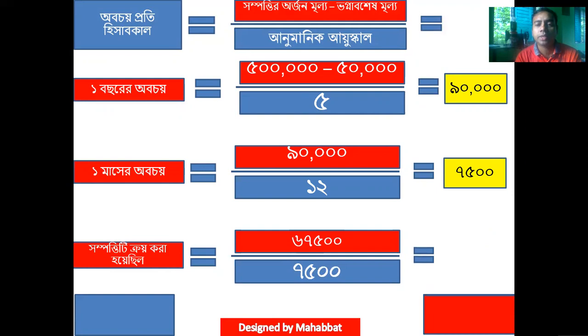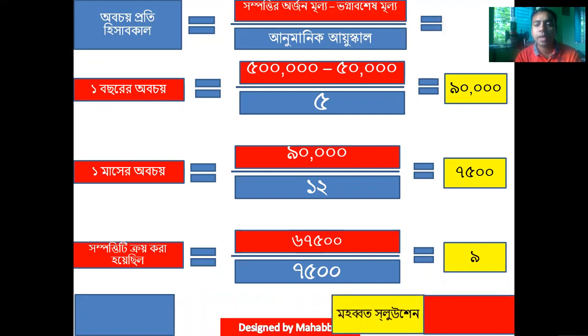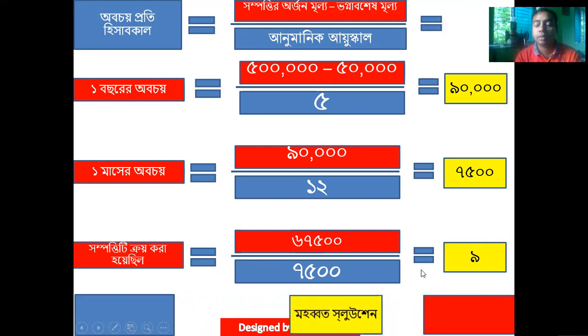Then we will get the respective month. That means this asset was purchased 9 months before. This is a very useful system to calculate and very easy for you to understand. I hope so.